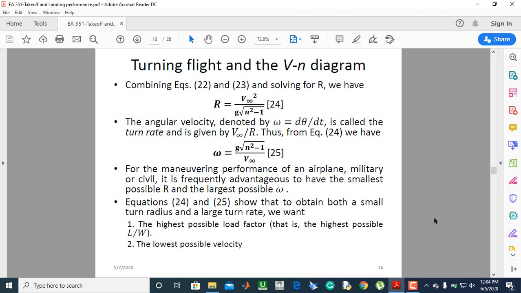Then this is the turn rate given by equation 25.